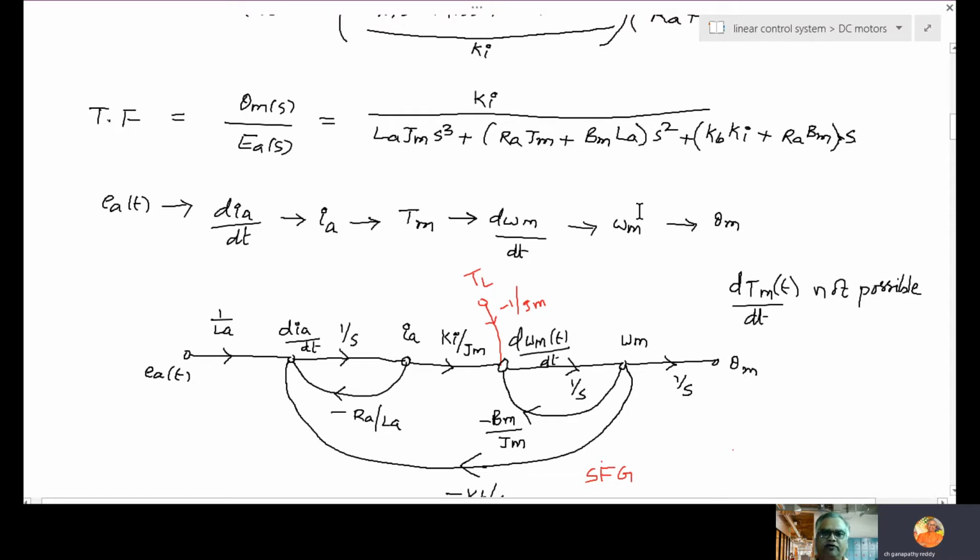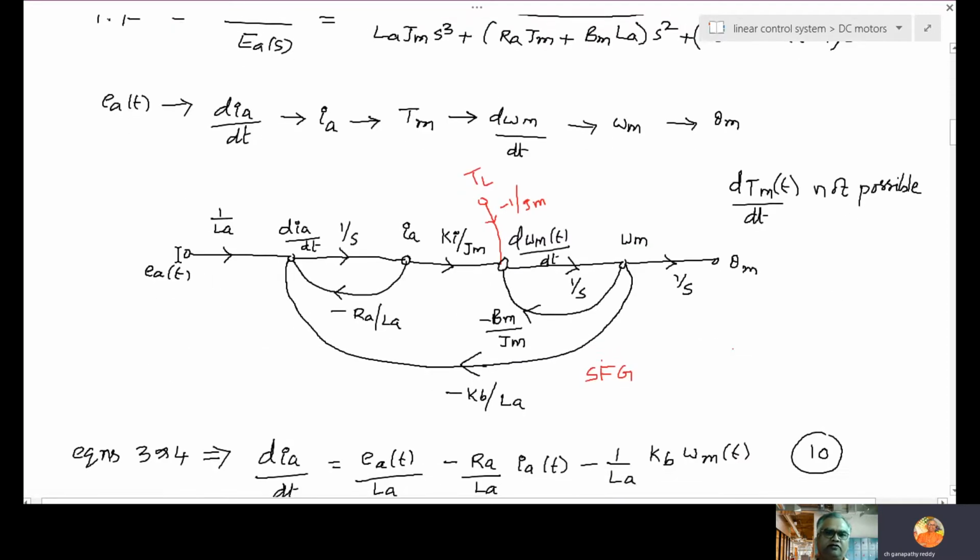When omega m is there, I write d omega m by dt. When Tm is there, dTm, the torque derivative, is not possible, so we don't take this. So finally, what are the variables we will show? Ea of t, we show dIa, Ia, d omega m, omega m, theta m. So these are the variables: Ea, then dIa by dt, then Ia, then d omega m by dt, omega m, theta m.